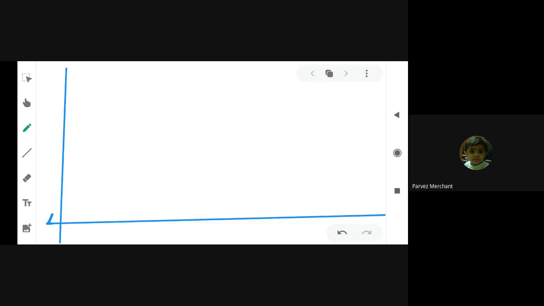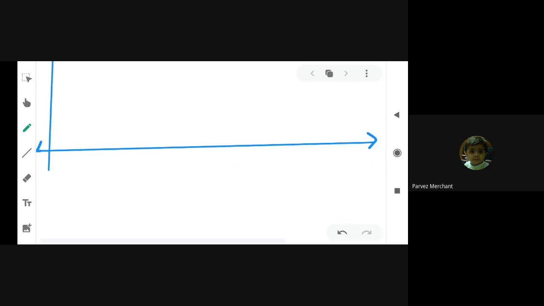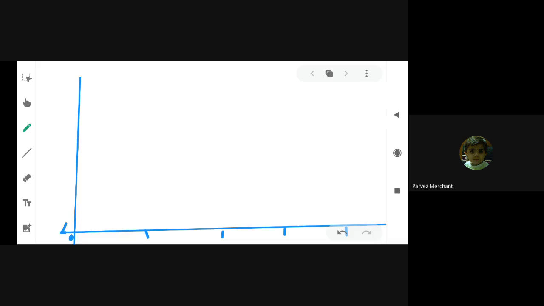On the x-axis, we are writing here the 4 different categories: men, women, boy, girl. And on the y-axis we write down the frequency, and for frequency we have to use constant difference.